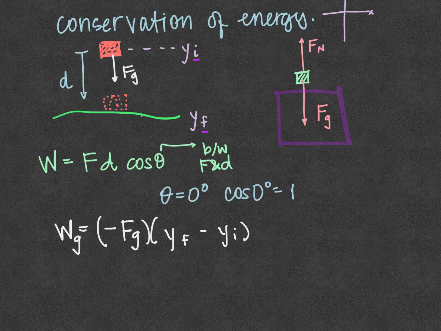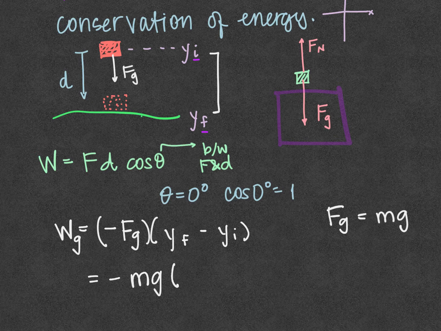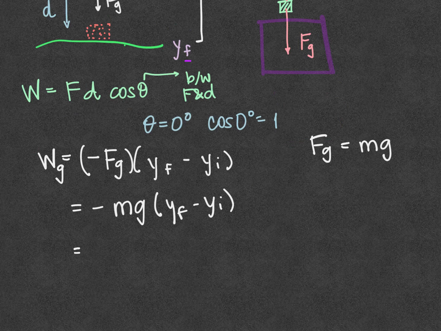So this distance is the difference in those two places. Now, the gravitational force is equal to m times g, so this will be negative m g times y final minus y initial. Let's leave the negative sign out front and distribute the mg, so we'll have m g y final minus m g y initial.